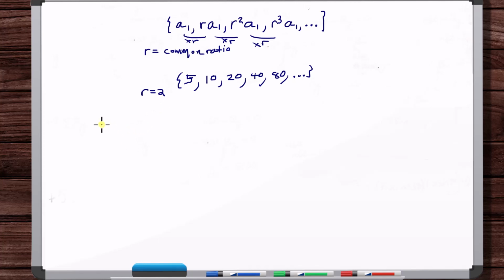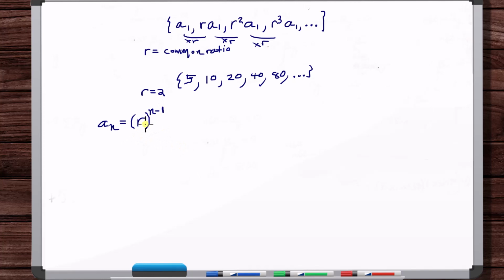Well, we can reason that. So a sub n, we have our common ratio that we're multiplying by each time. So let's say that n starts at 1. Then since we're starting at 1, the first term has no r, so raise this to the n minus 1 power.